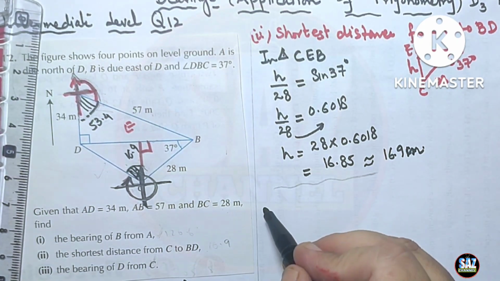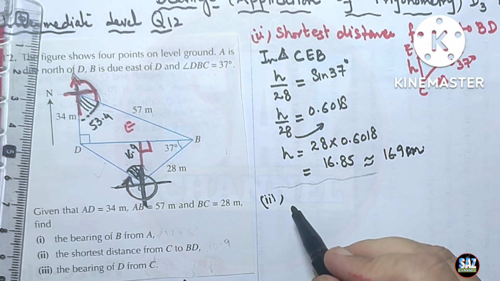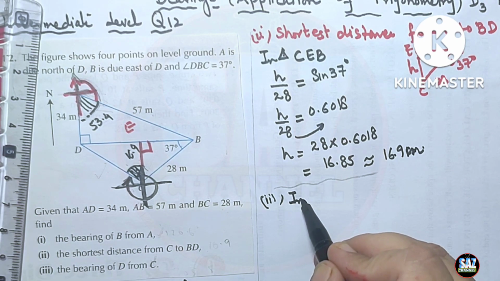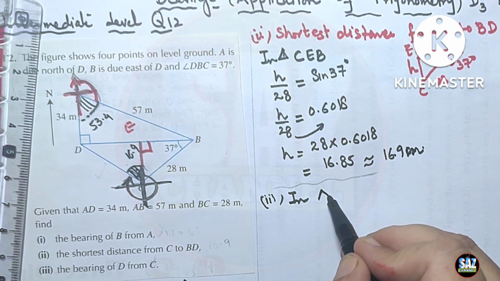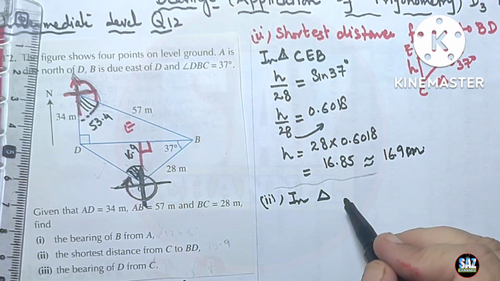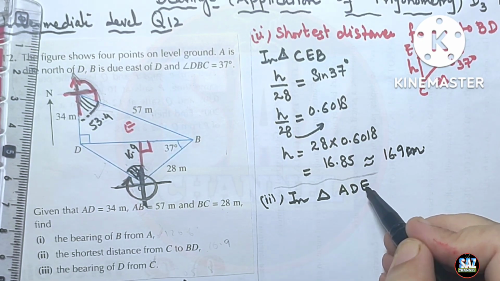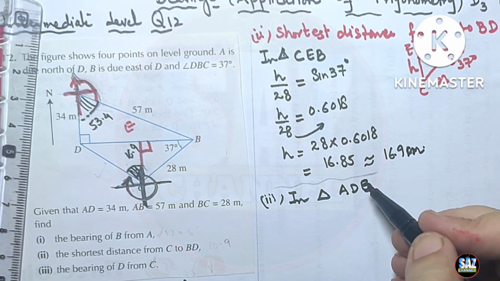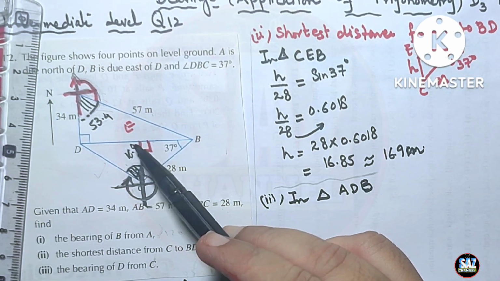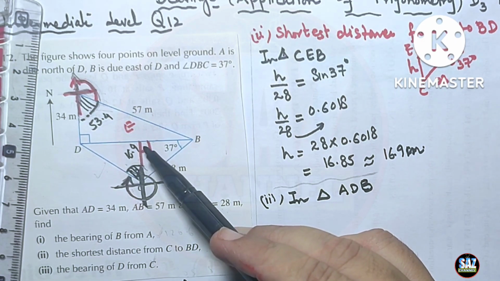I have to take a triangle. In triangle ADB, it's your choice. Either you can apply Pythagoras theorem to get the base, or you can apply any one of the trigonometric ratios.